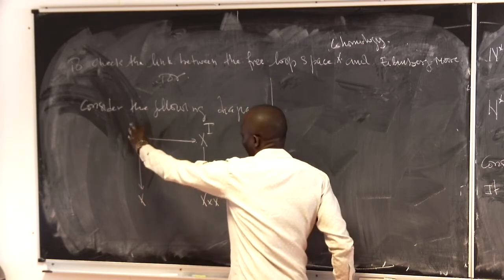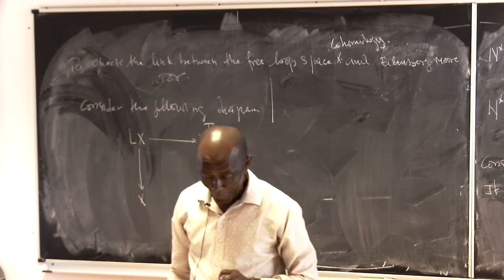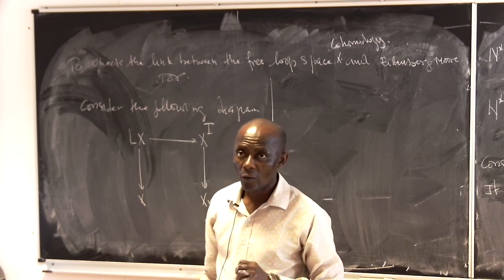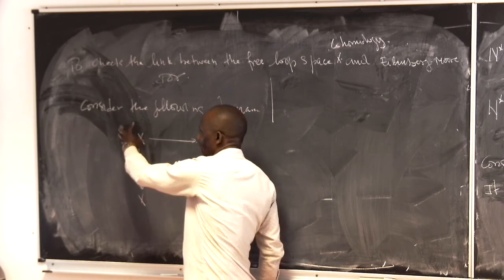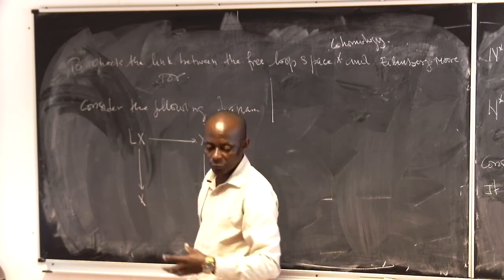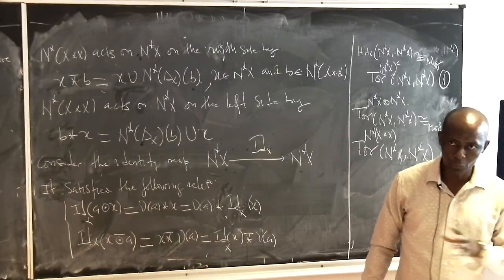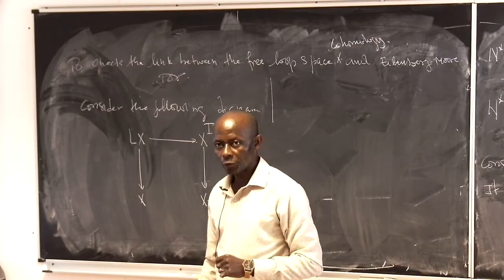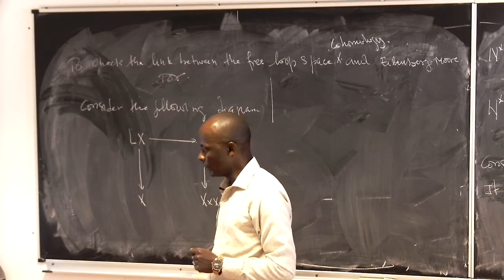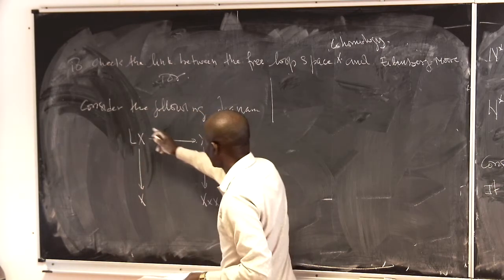When I was doing the part concerning the singular homology, I defined the free loop space. I said that the free loop space is just the set of continuous maps from the unit circle to X with a particular topology, which I call the compact-open topology. So this is already known.